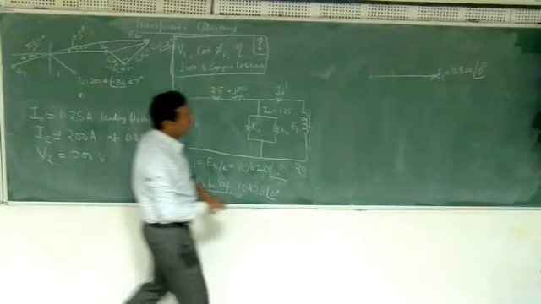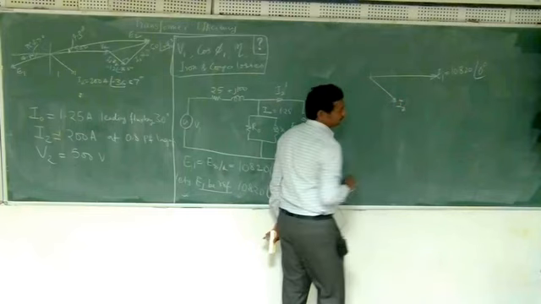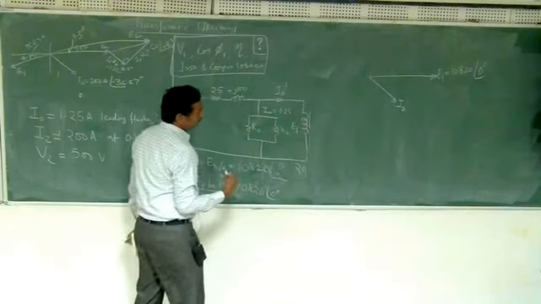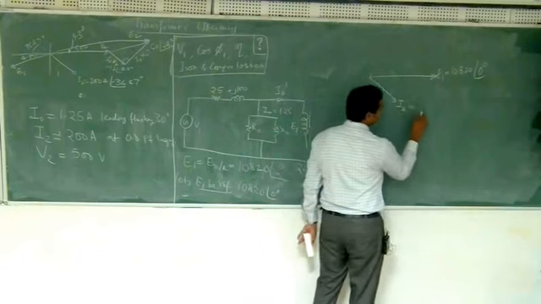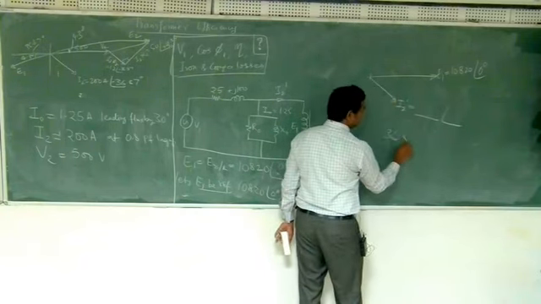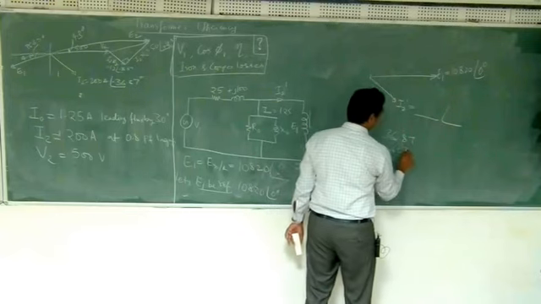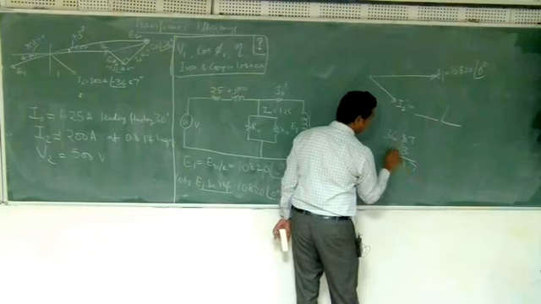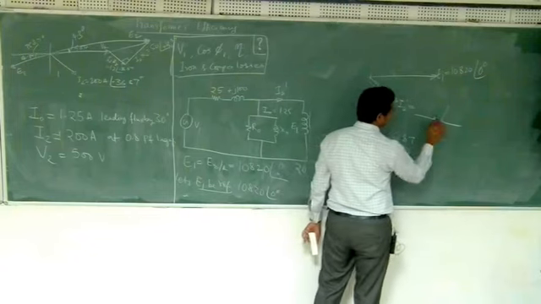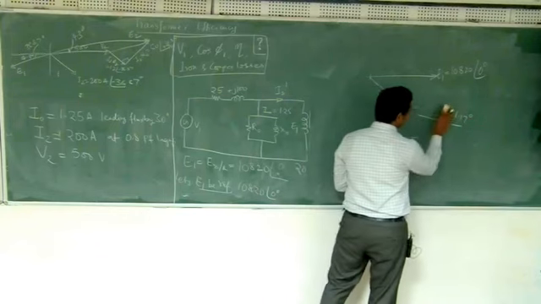Based on that, I can put I2 dash somewhere here. It will have some magnitude, and the angle will be 36.87 plus 4.3, so 41.17 degrees, and this will have a minus sign.